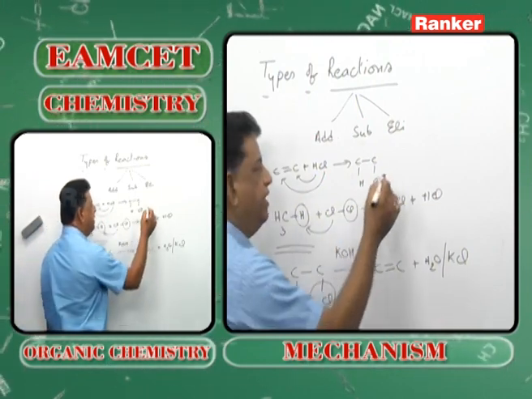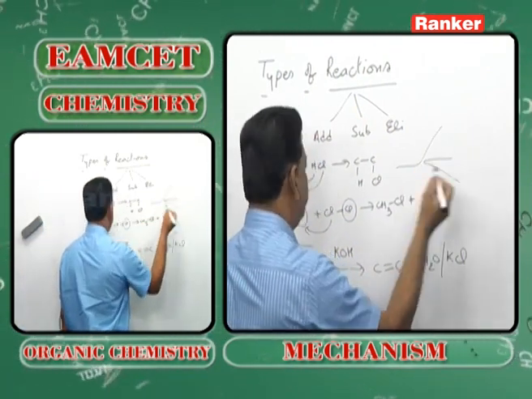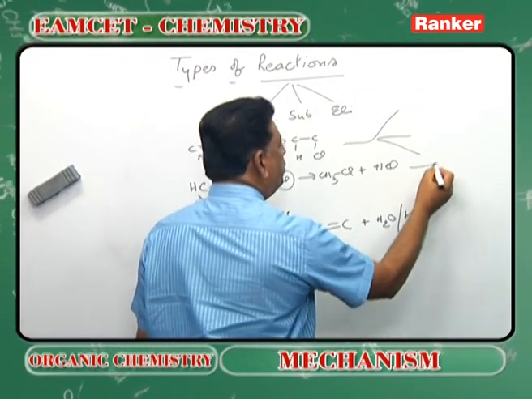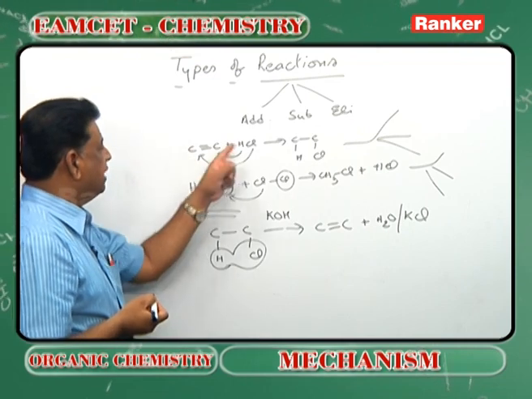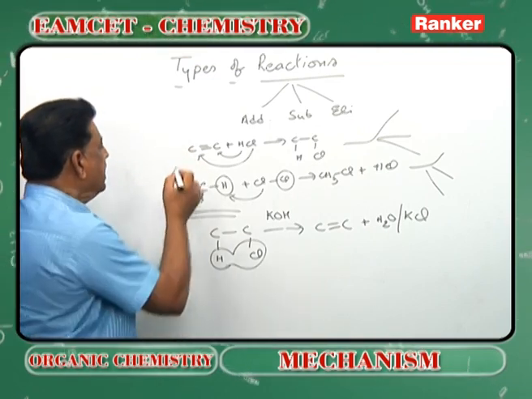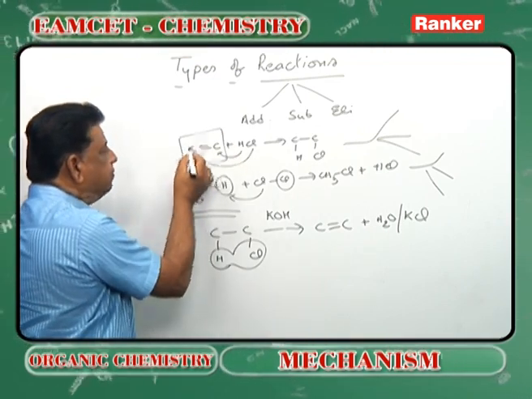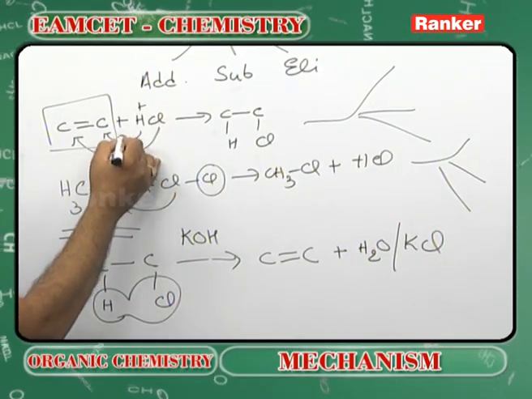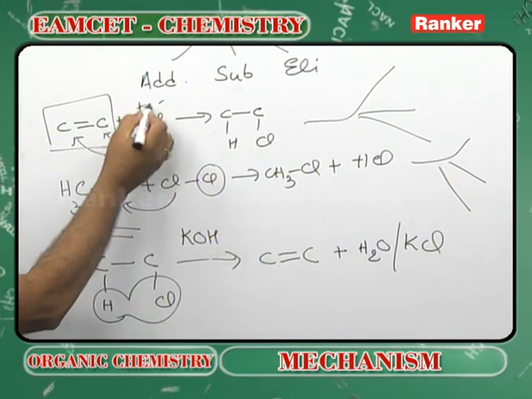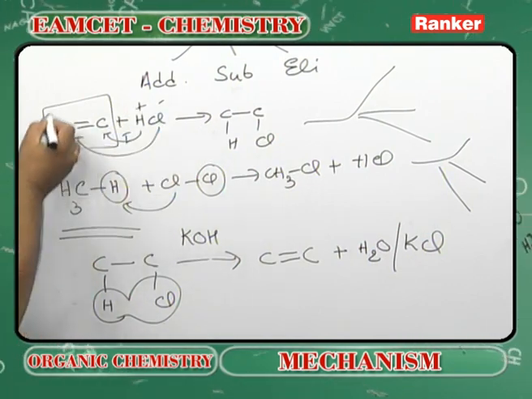Now, addition and substitution are each divided into three types. For example, if you take alkenes, alkenes are rich with electrons because the pi bond is loose enough. So, the electrophile will attack first, not the nucleophile, because the nucleophile is electron rich and this is electron rich.